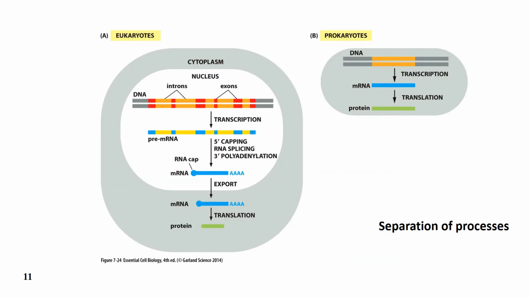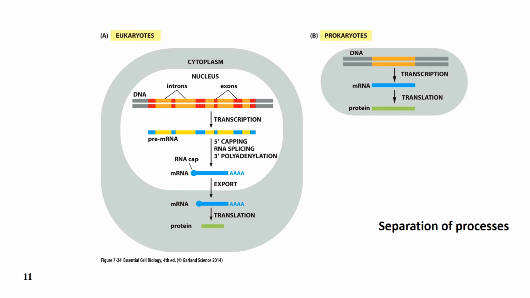Finally, the process of transcription in a eukaryotic cell is spatially separated from the process of translation. That is because transcription will occur in the nucleus of a eukaryotic cell. An mRNA that is produced will be moved to the cytoplasm where the process of translation will take place.